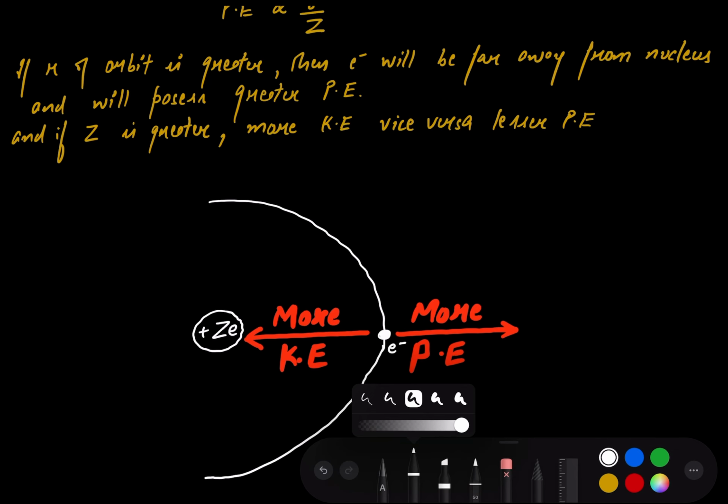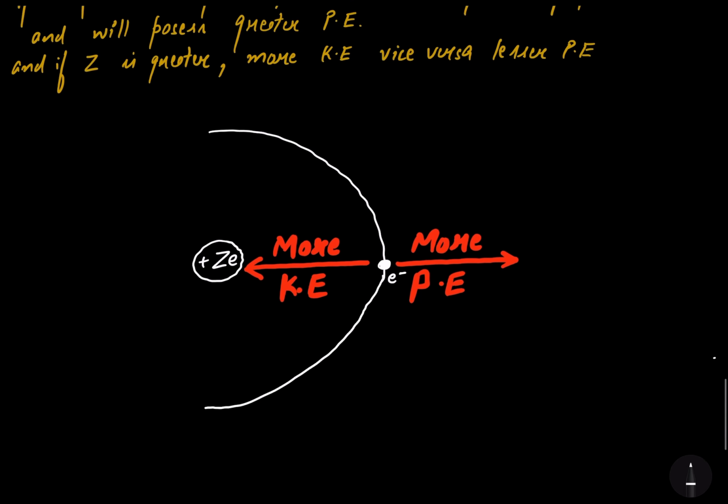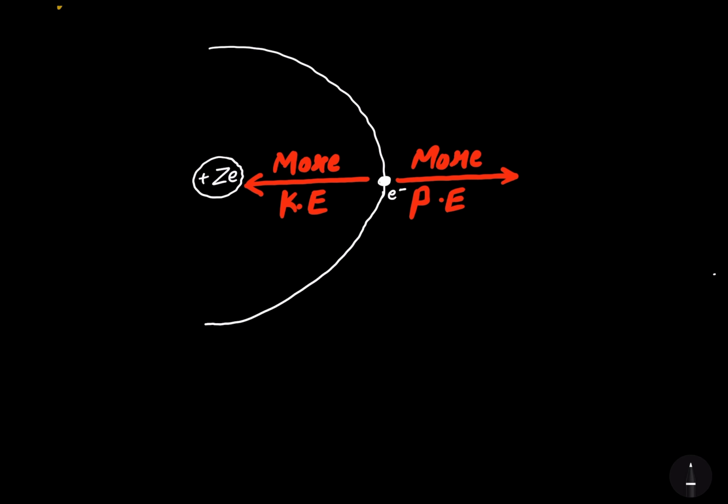Now let's talk about the total energy of the electron. Now we are talking about total energy of electron, that will be equal to obviously potential energy plus kinetic energy.